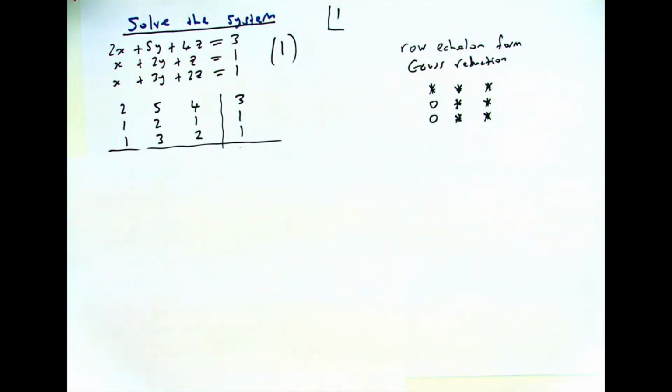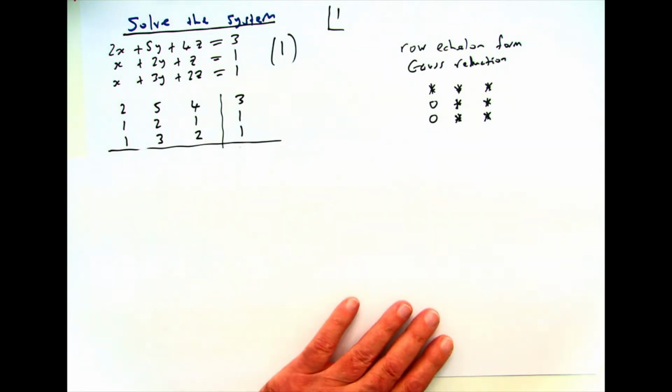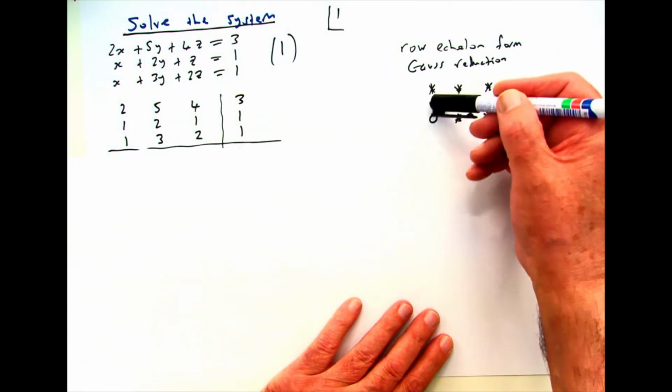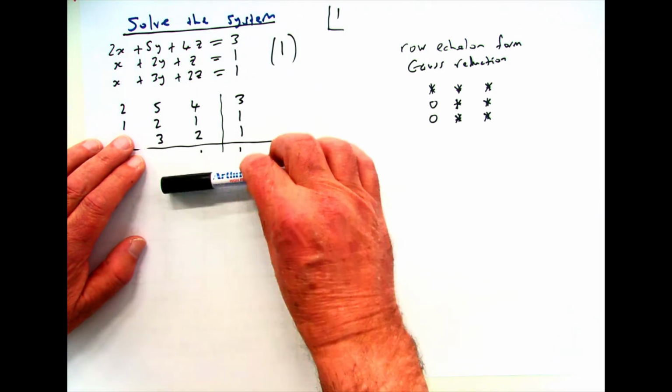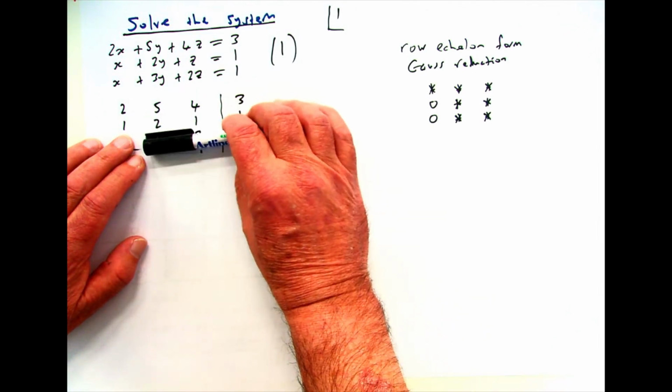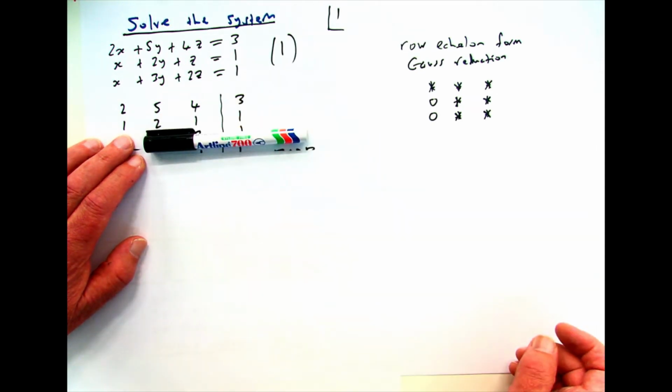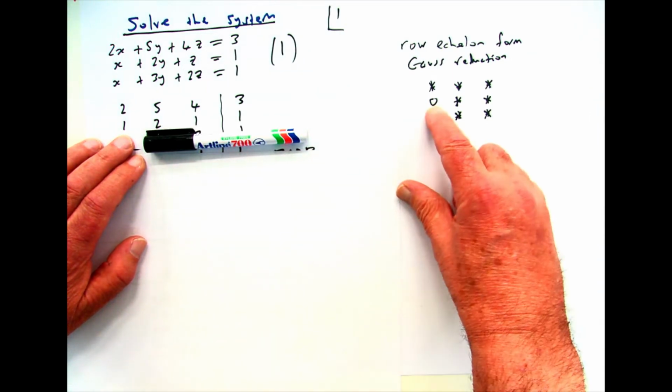So when I write a star, it means it could be anything. It's not important what that is. What is important, we want these zeros here. Okay, so what we could do is we could say row 2 minus half row 1, and then we'll get this zero here.